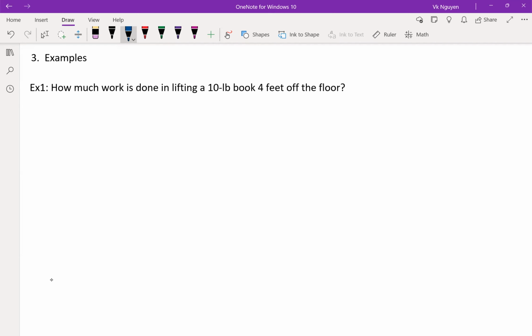You see that force is constant. This means work is just force times distance. Force is 10 and distance is 4, so 40 foot-pounds.